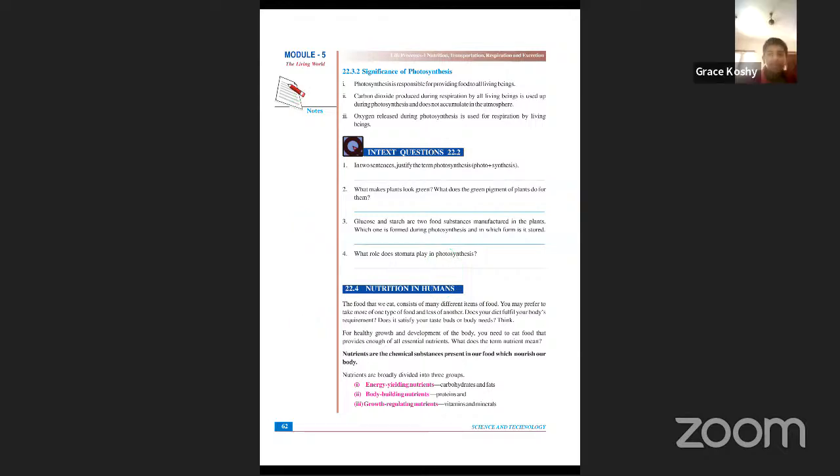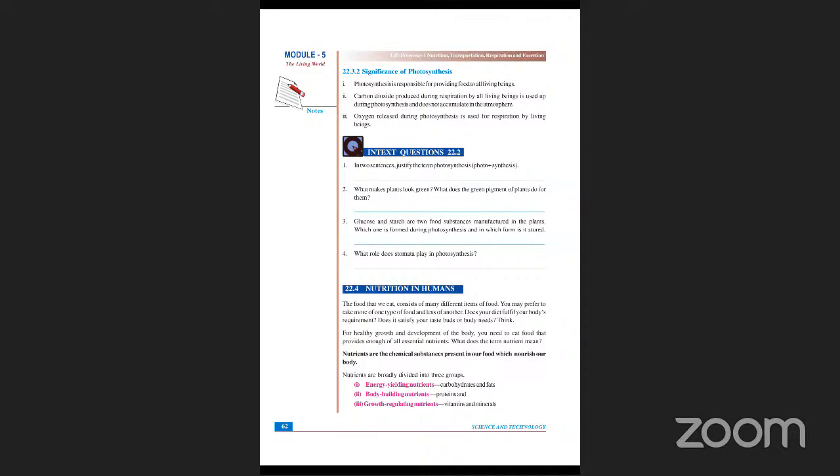Significance of photosynthesis. Photosynthesis is responsible for providing food to all living beings. Carbon dioxide from the respiration of all living beings is used up during photosynthesis and does not accumulate in the atmosphere. Oxygen released during photosynthesis is used for respiration by living beings. So you can understand the significance of photosynthesis.